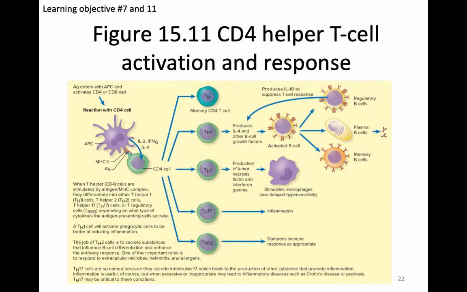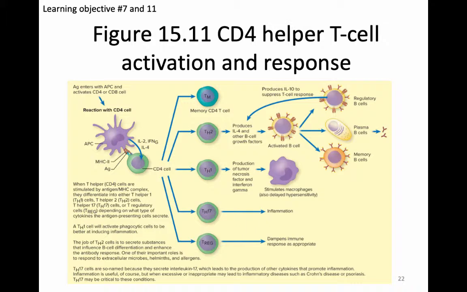When it binds to a presented antigen, the CD4 helper T cell can either become a memory cell, which will have a long lifespan and stay circulating in the host in case the antigen returns at a later time, or become a T helper cell, which is divided into 3 groups in this figure: TH1, TH2, and TH17.